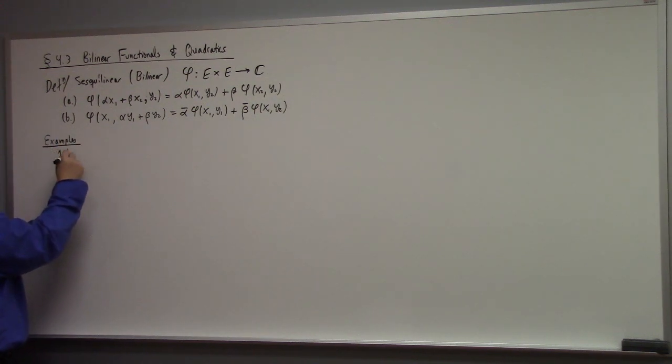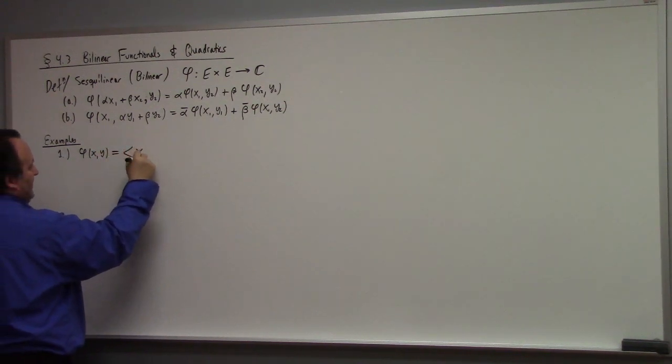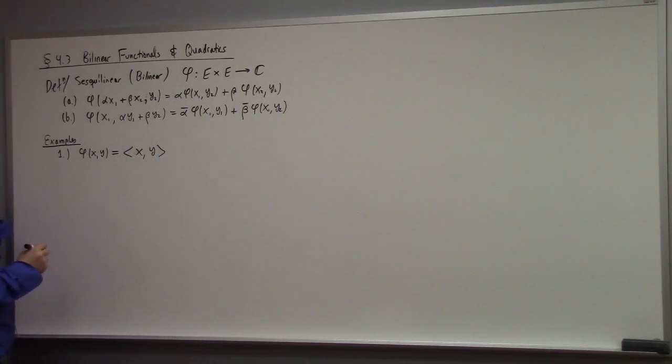Number one, phi of xy equal to the inner product of x and y. This is sesquilinear, right? And I think if you think about it, some of the things I've proved for inner products are automatically true for sesquilinear maps as well. Like, for example, additivity in the second slot.